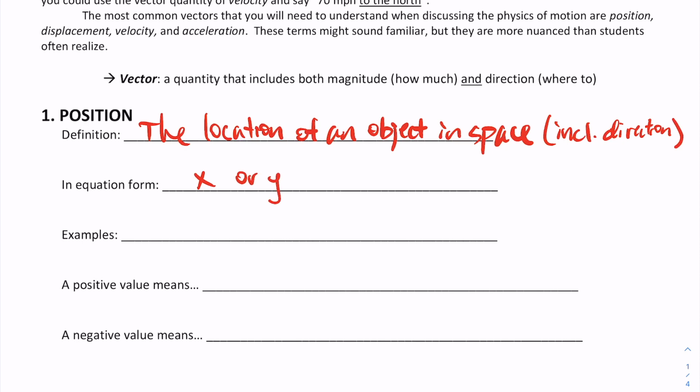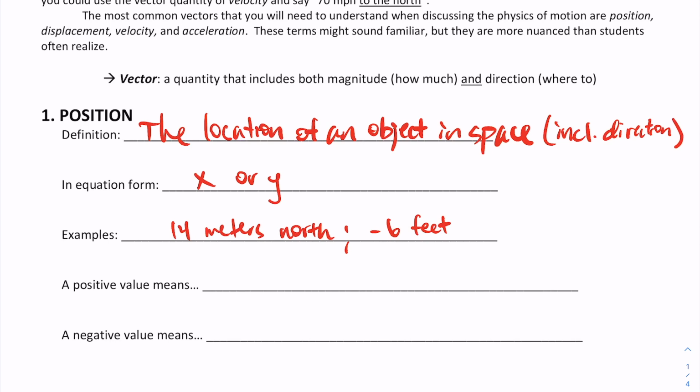For example, a position vector might be something like 14 meters north. Or a position vector might be like -6 feet. The negative means that the position of the object is in the negative direction.